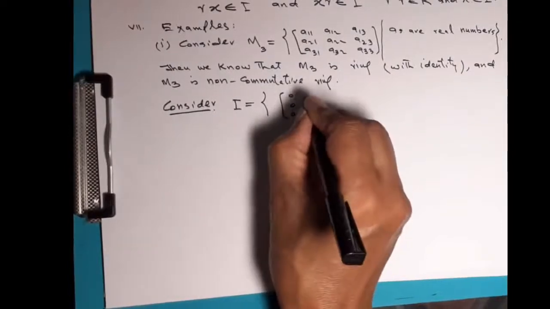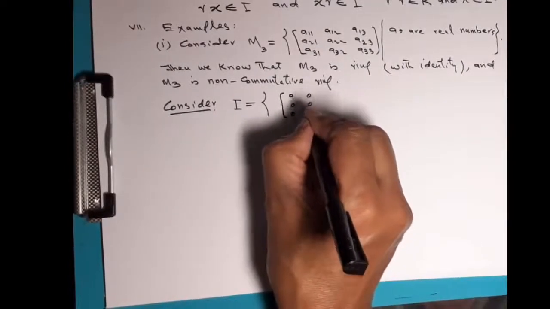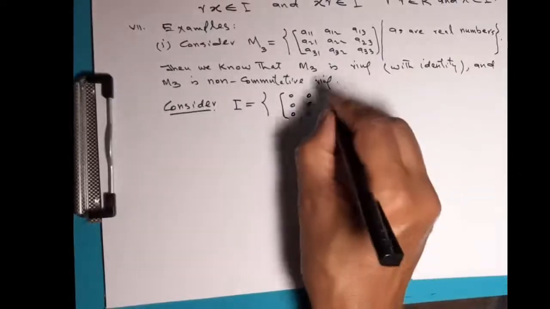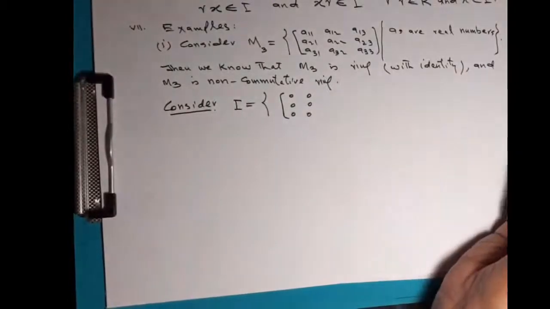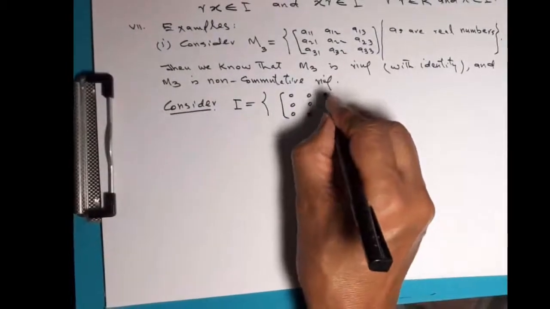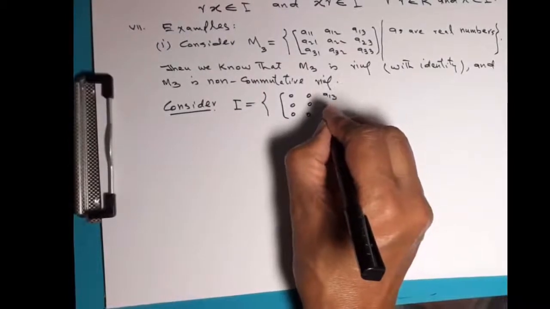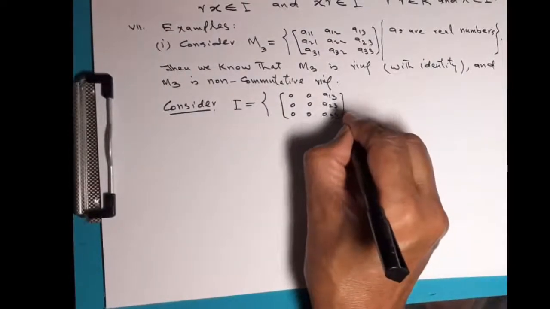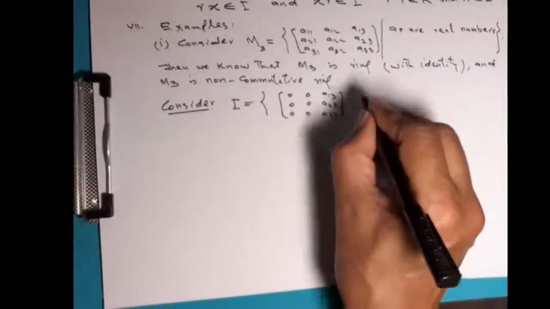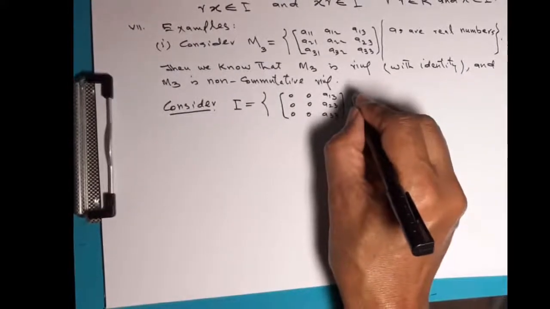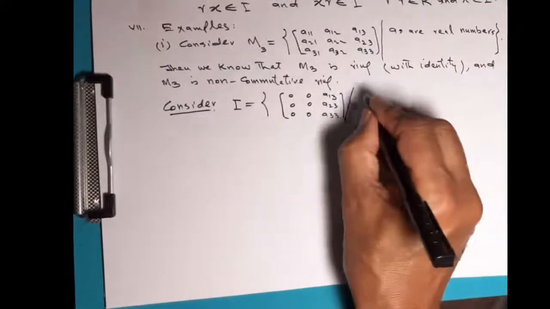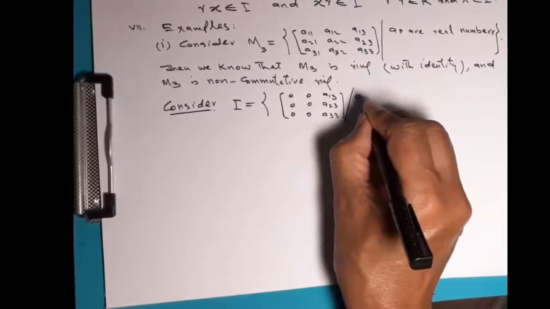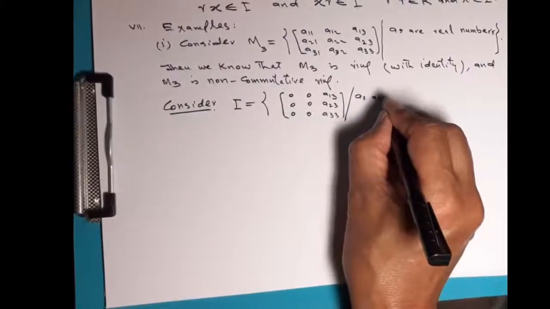First column is 0, second column is 0, and third column may or may not be 0. So a13, a23, a33, such that the a's are real numbers.